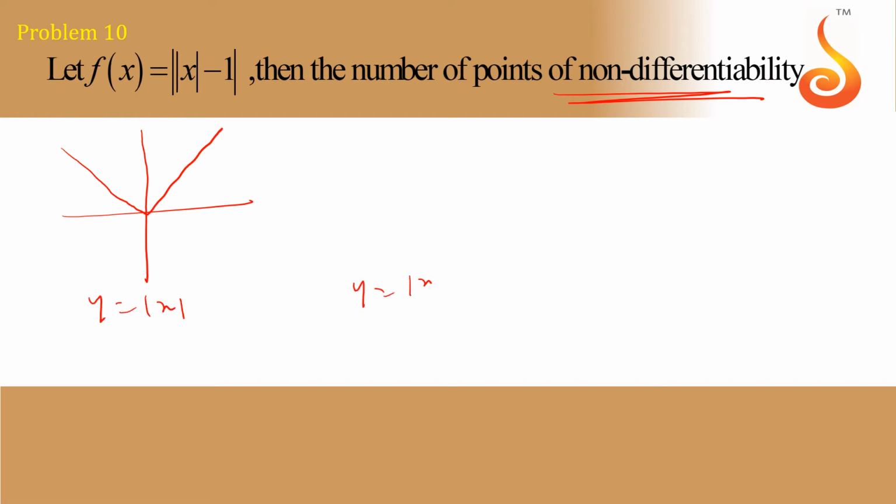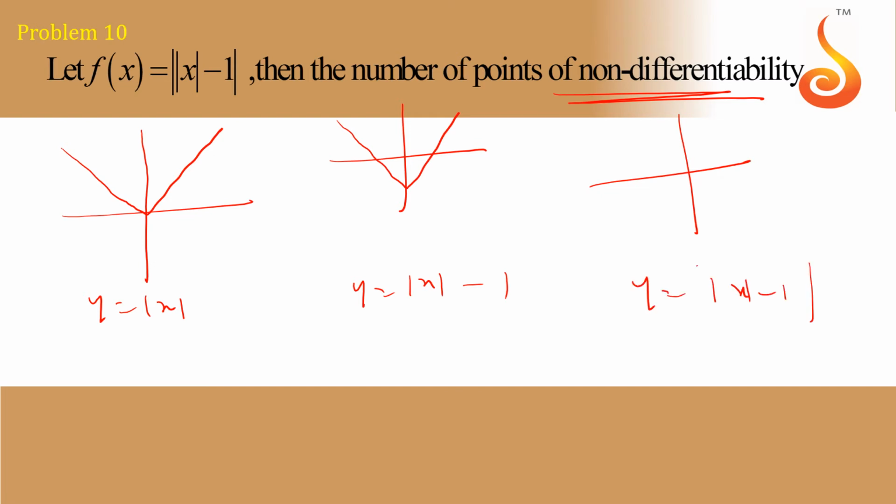Then I will draw mod x minus 1. So it is nothing but y plus 1, no? So on the y-axis it will come 1 unit down. Then y equal to mod x minus 1, the whole mod. So you know that when the whole mod comes, the lower part will go as an image to the upper part.